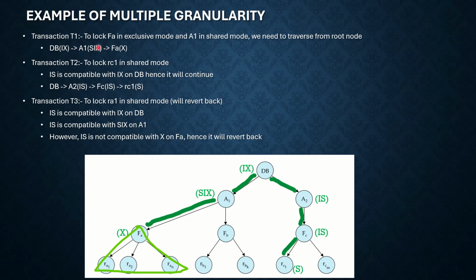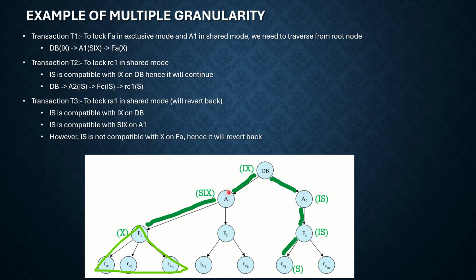So let's take an example. Let's say transaction T1 wants to lock FA in exclusive mode and A1 in shared mode. We need to traverse from the root node. So transaction T1 wants to put an exclusive lock, or X lock, on FA, and a shared lock on A1.